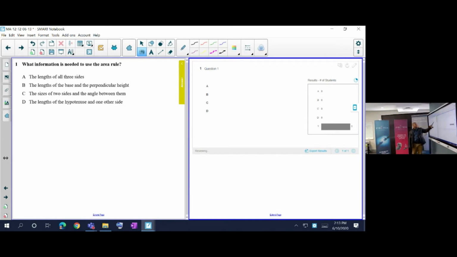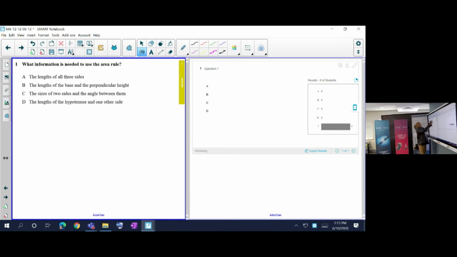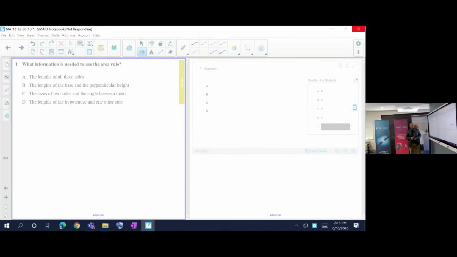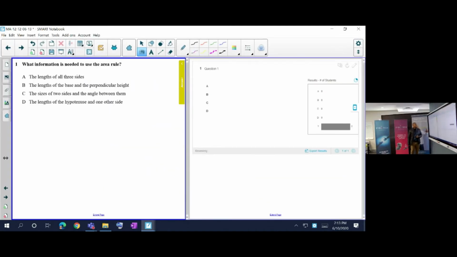All right, so if you were scribbling on a page, let's check what answer you were supposed to get. Okay, so your answer would be C, which is you need the sizes of two sides and the angle in between.